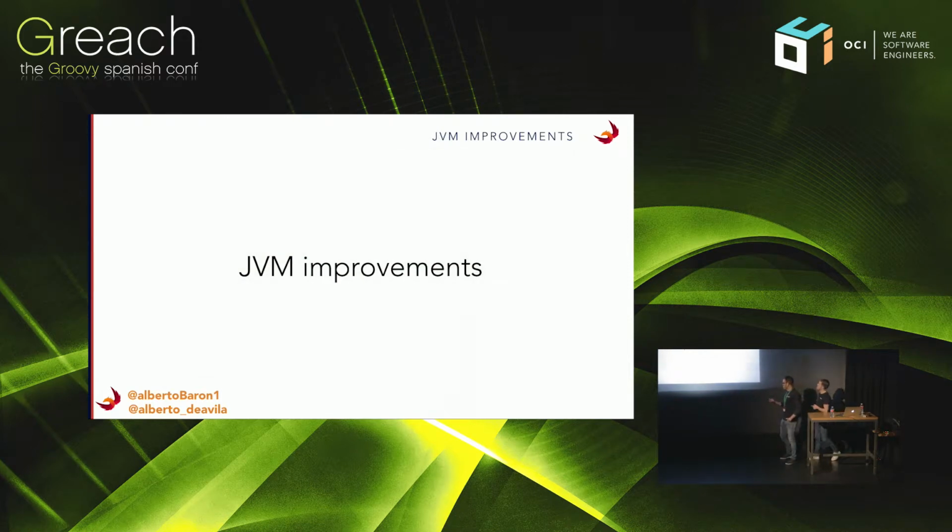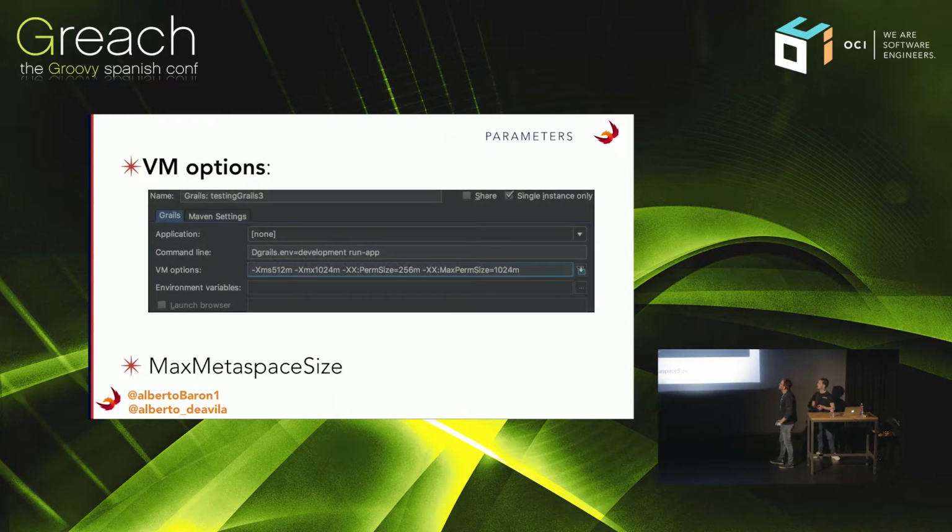So according to Java Virtual Machine improvements, what can we do? You know that we have parameters that you can insert into the virtual machine options. As we see in that image, the first 2 parameters refer to Java heap space memory, and it implies saving Java objects.